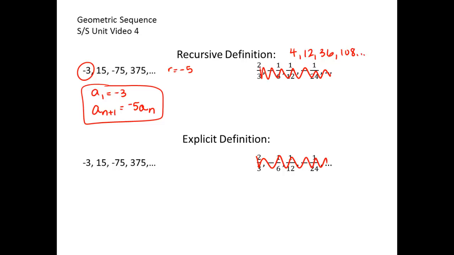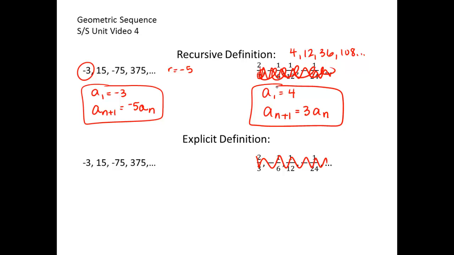Okay, so for this one, I'm again going to start by writing a sub 1 equals 4, and a sub n plus 1 is equal to the common ratio, which is 3 in this case, times a sub n. This is my recursive definition.